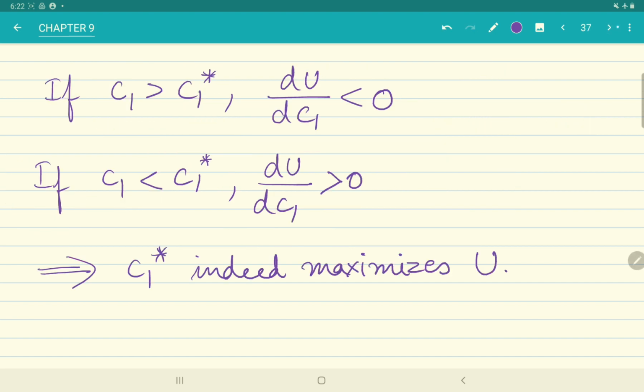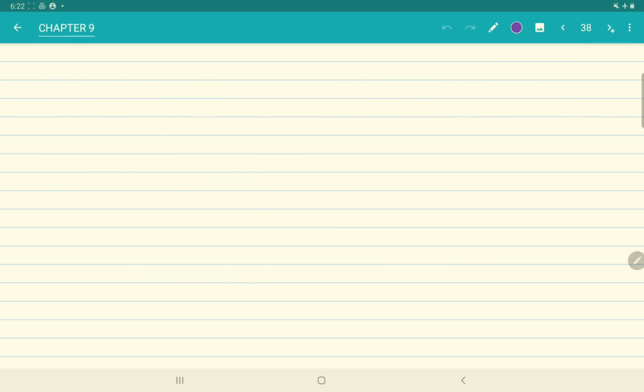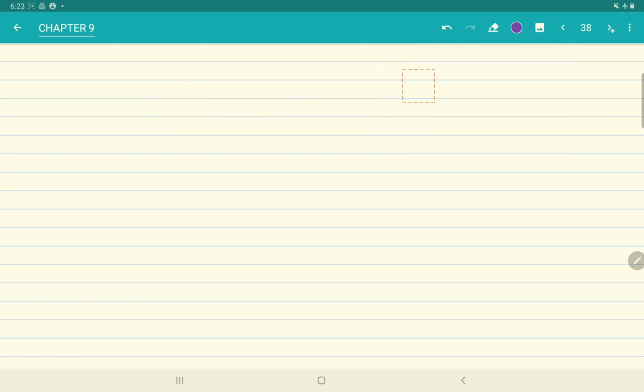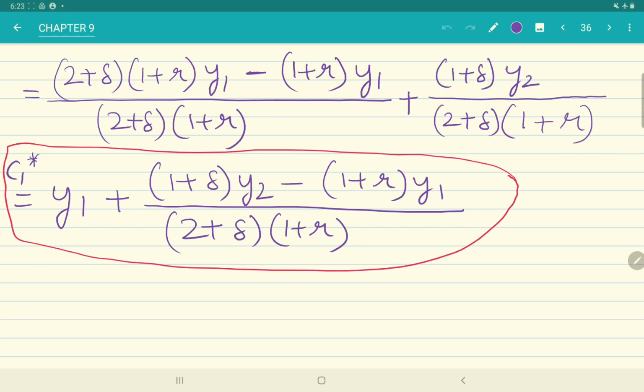So in the optimal scenario, if the student lends, let's try to understand this first. If the student lends, that means C1 star is in fact less than Y1.